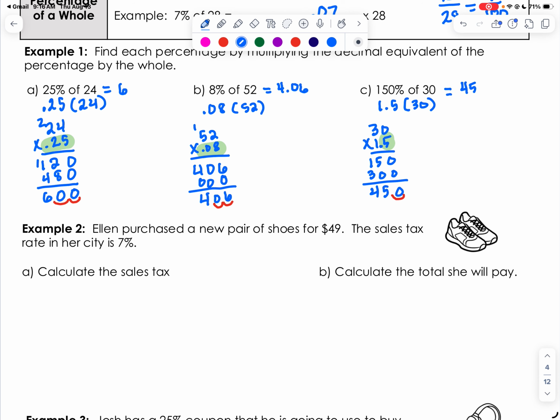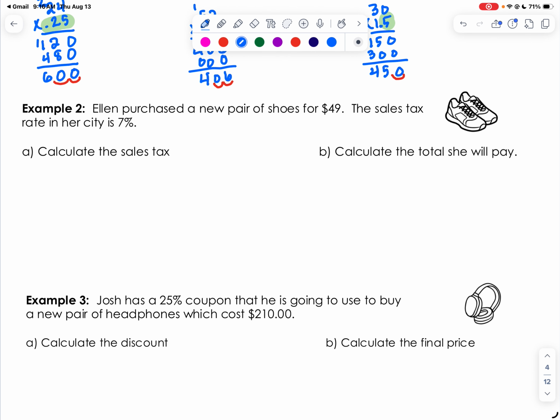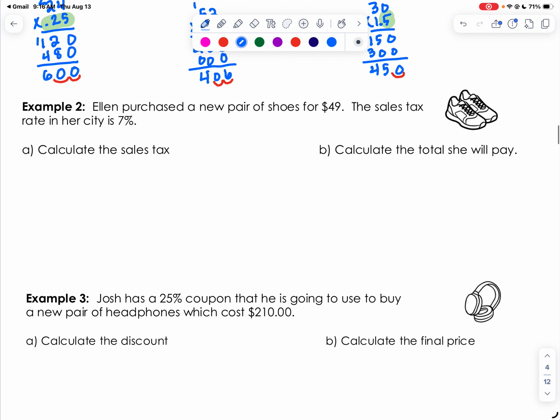Now, we're going to use this process to solve some real-world problems involving tax, tips, and discounts. So hopefully you've noticed that when you go to the store to purchase things, they add a percentage on, and that's called the sales tax.